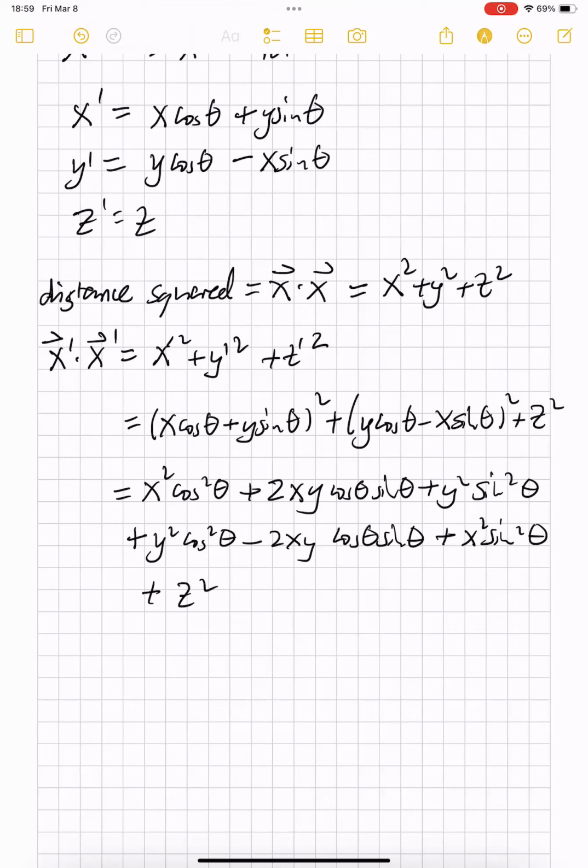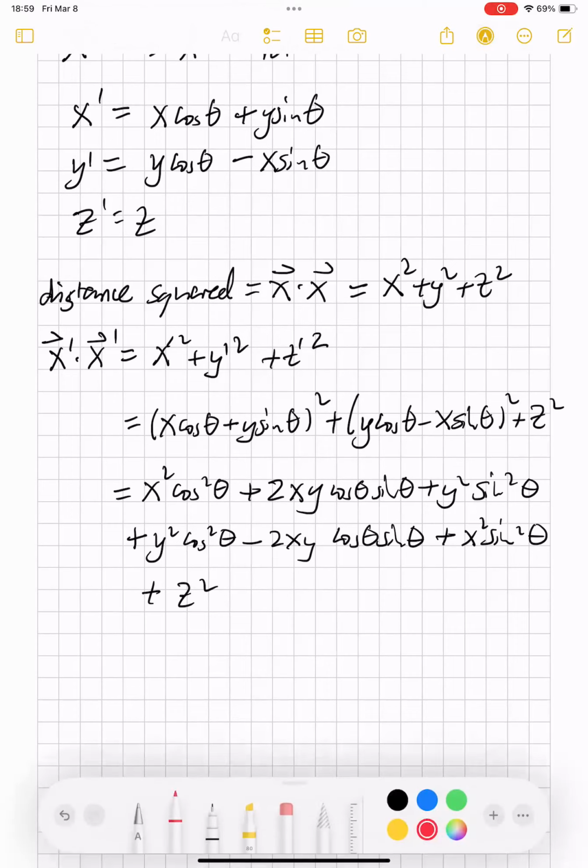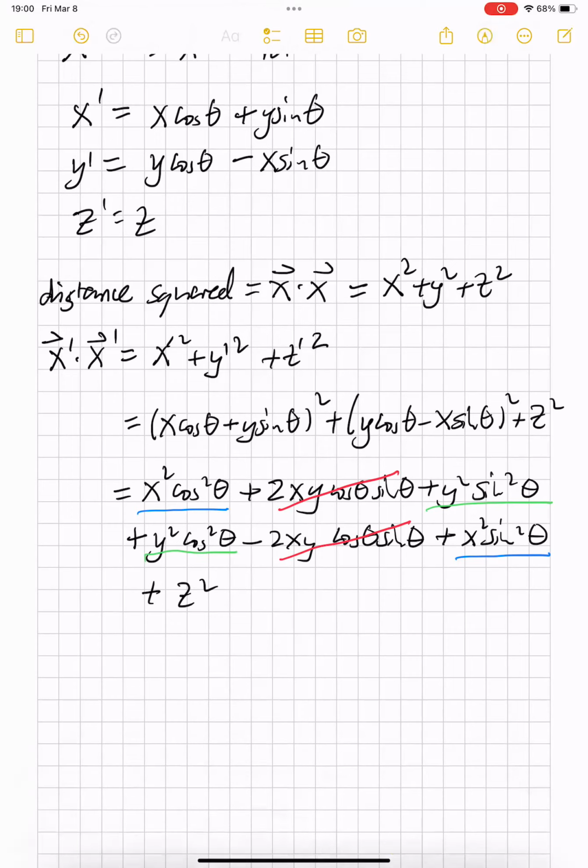So now let's take a look. We can start to combine some of these terms. First of all, that cross term cancels against that cross term, no problem. Then we're going to combine this x squared with that x squared, and this y squared with that y squared. Okay, so first, the x squareds. X squared cos squared theta plus x squared sine squared theta.